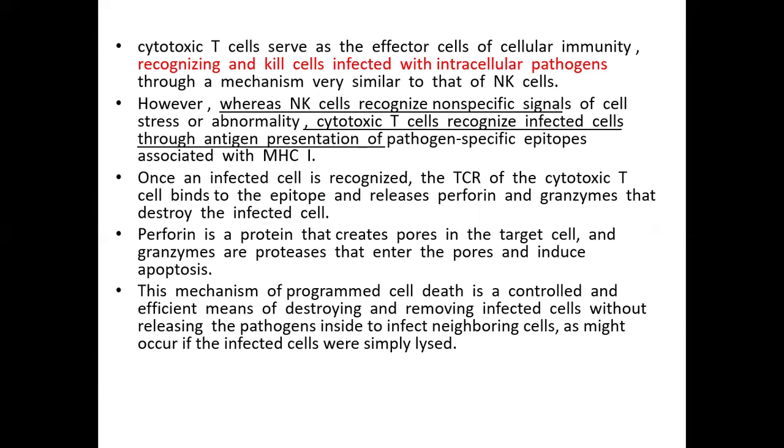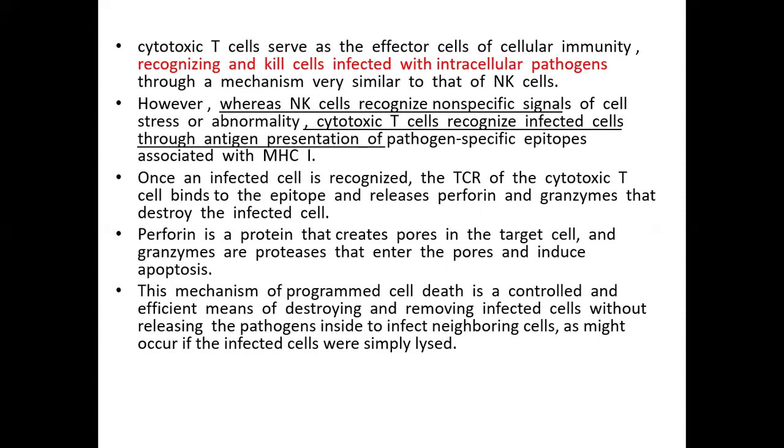So the T killer will need to find the antigen in MHC1. So this is a specific reaction, but natural killers are non-specific. They are part of the non-specific immune response.